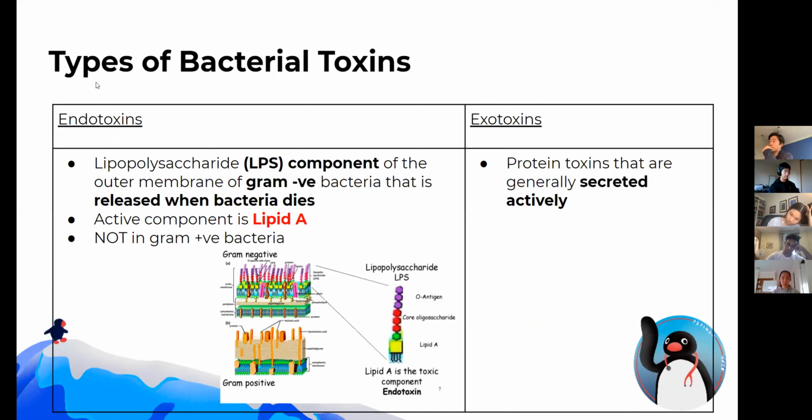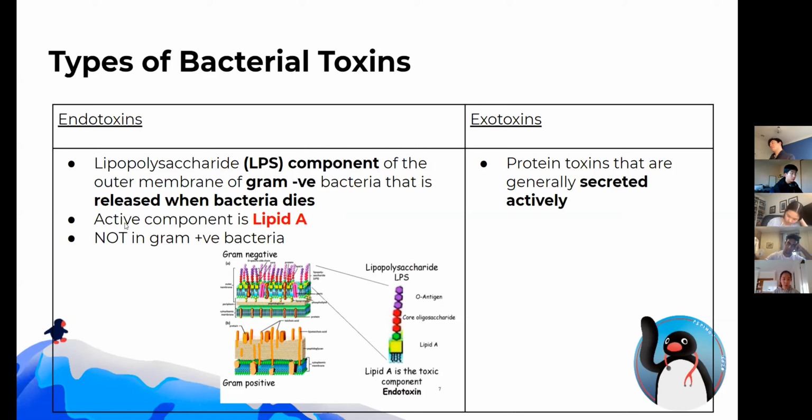Let's go through the types of bacterial toxins first, endotoxins versus exotoxins. Endotoxin is the LPS component, or lipopolysaccharide component, of the outer membrane of gram-negative bacteria, and it's only released when the bacteria dies. Since it's an LPS component, it's only present in gram-negative bacteria.